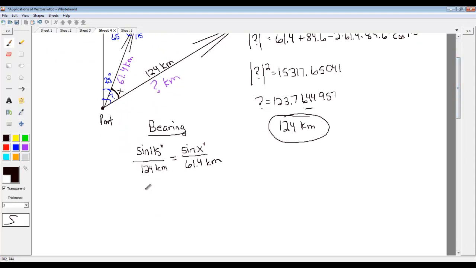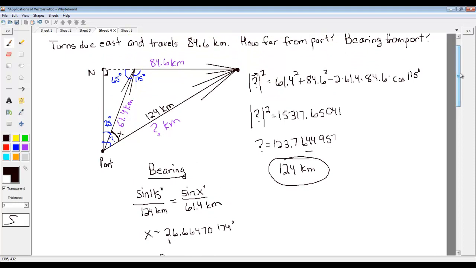You do that, you're going to get that x is 26.66470.174 degrees. And then for the bearing, you're going to add 25.